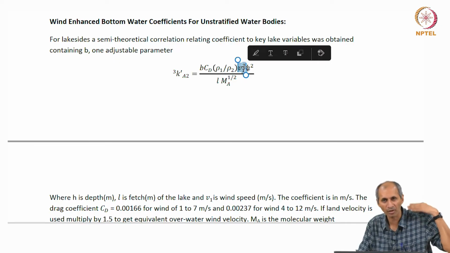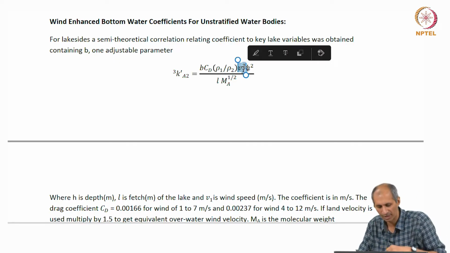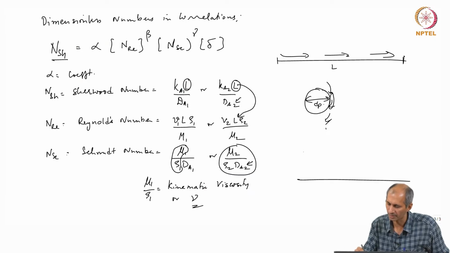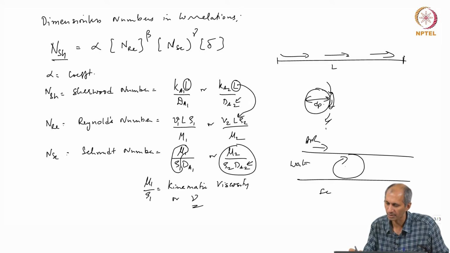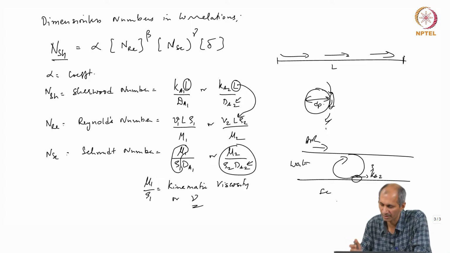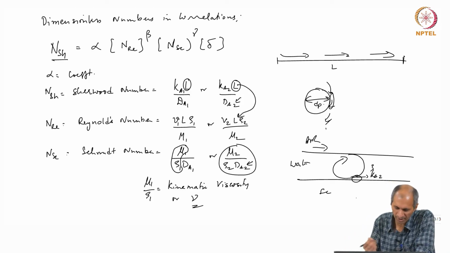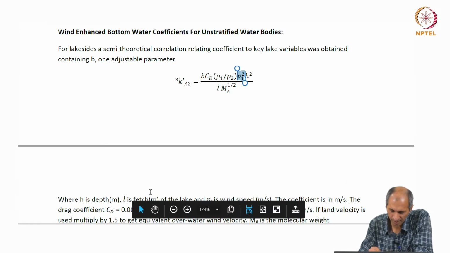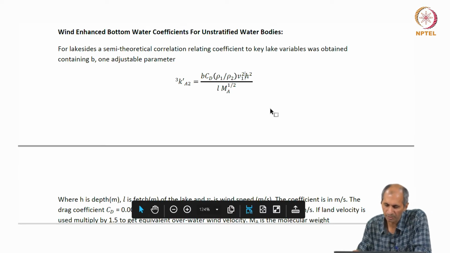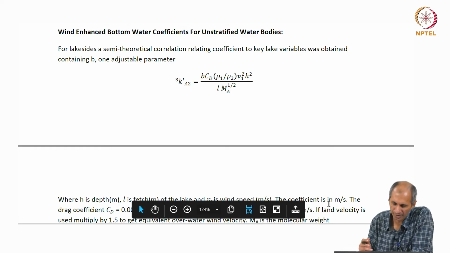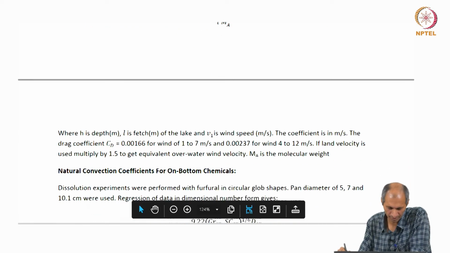The velocity of air is causing enough churning. This is air, this is water, this is sediment. This wind is strong enough to cause large scale circulations, that it is affecting Ka23 at this interface. It is causing a turbulence there, and that is the correlation. So, you can write it however you want, you can develop this correlation. It has to be based on some physical observations of that system.